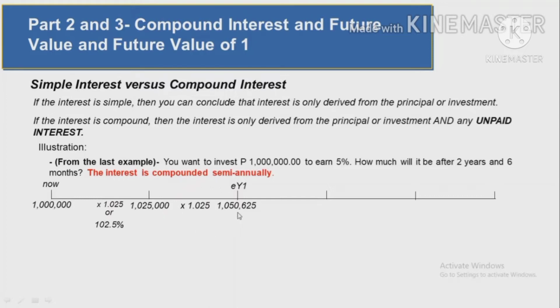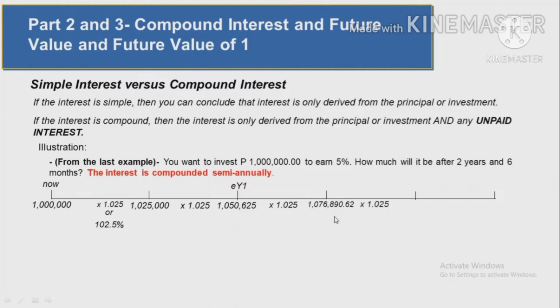Let me remind you again that compound interest is the interest charged not only on the principal but also on the unpaid or uncollected interest. So let's continue the timeline until we get the final answer. So the 1,050,625 times 1.025, you're gonna get 1,076,890.62.